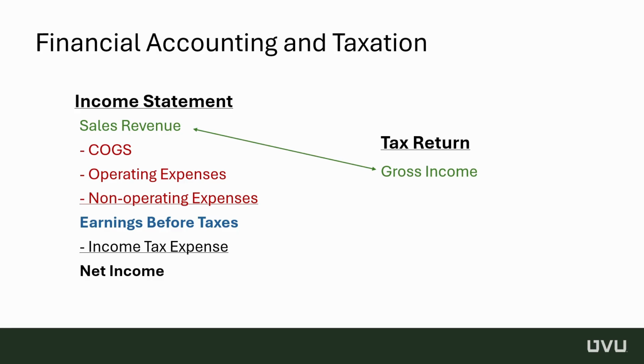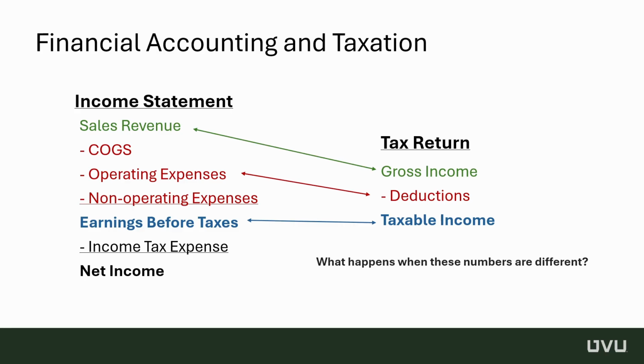And we then reduce this by any relevant deductible expenses. Again, they're going to be similar to the items reported on the income statement. And after making those deductions from our gross income, we arrive at taxable income, which is analogous to our financial accounting earnings before taxes.